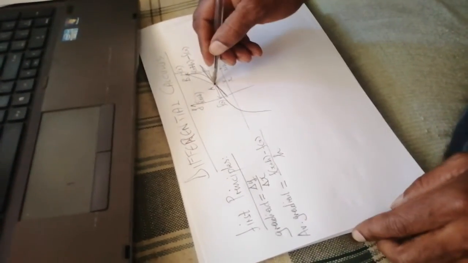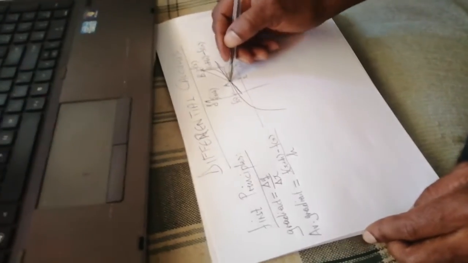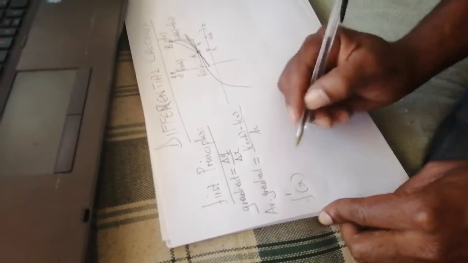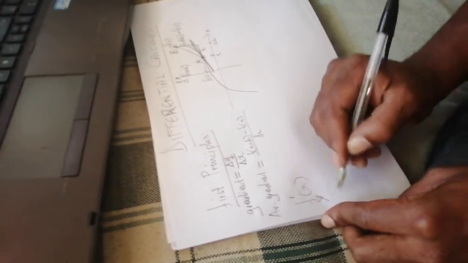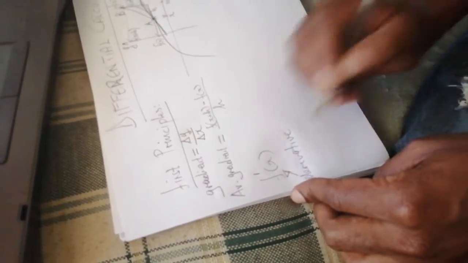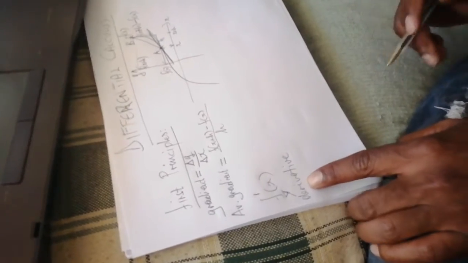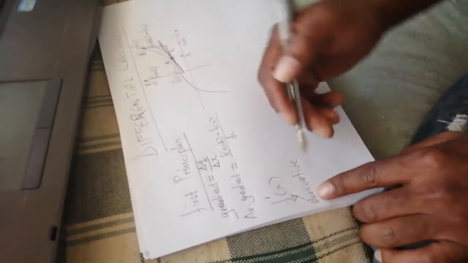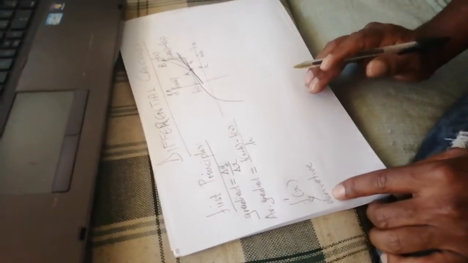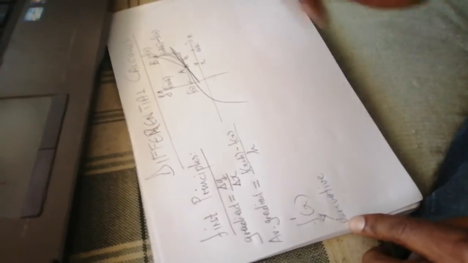And the notation for the gradient at A is f dash x. This is the derivative function. It's known as the derivative. F dash x, that's the derivative, which in some cases is called dy by dx. We'll get to that as we continue with our lessons.